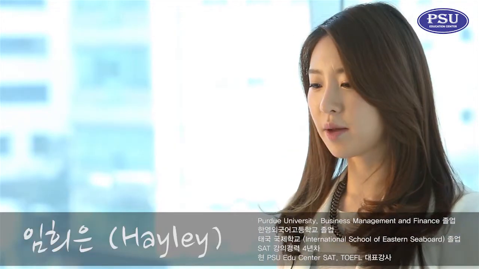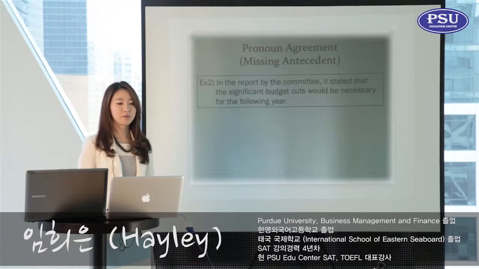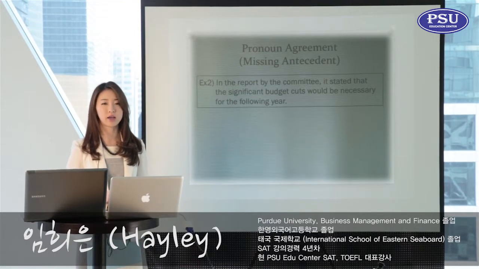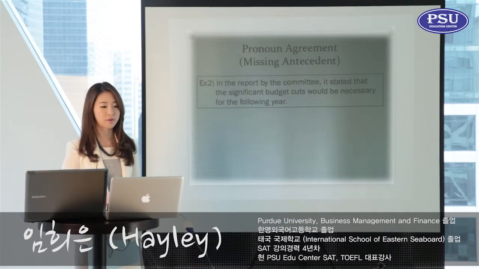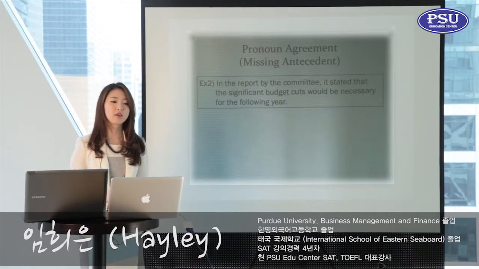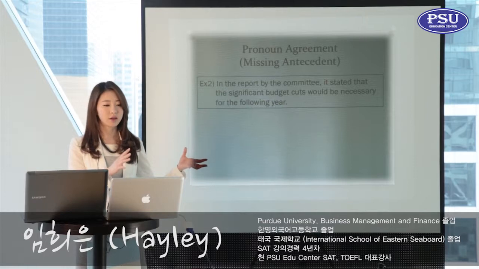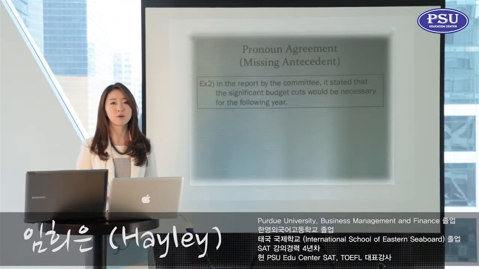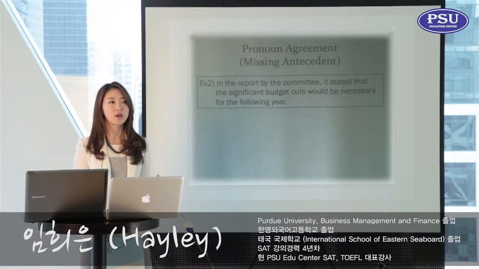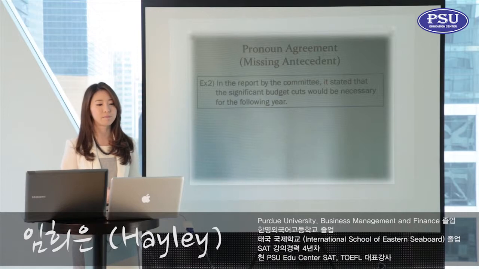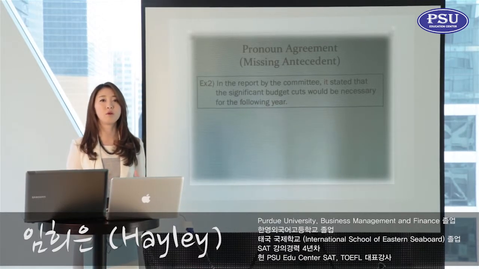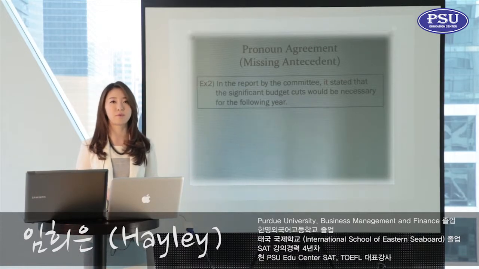Okay, we look at another example, the missing antecedent. In the report by the committee, it stated that the significant budget cuts would be necessary for the following year. The part at the front, in the report by the committee, this is a prepositional phrase, so it's not really necessary in the sentence. So if you take that out and read it, we should say, it stated that the significant budget cuts would be necessary for the following year, but we really don't know what the pronoun it is referring to.